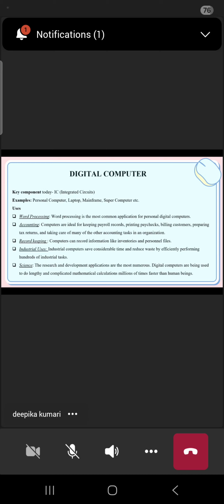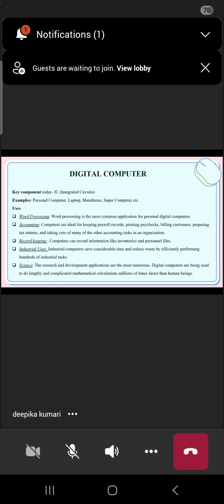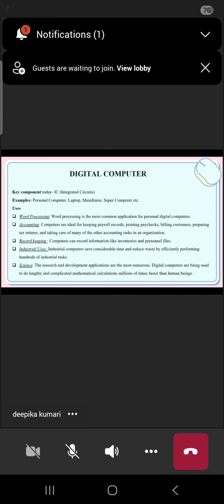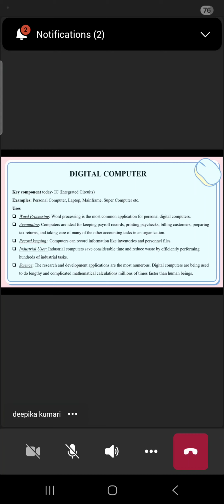Our own personal data is maintained in our university, and that is again done through digital computers. Then industrial uses: it is considered that it reduces the wastage of time and improves efficiency of work. In science also we use digital computers because they are very helpful in solving complicated mathematical calculations millions of times faster than human beings.